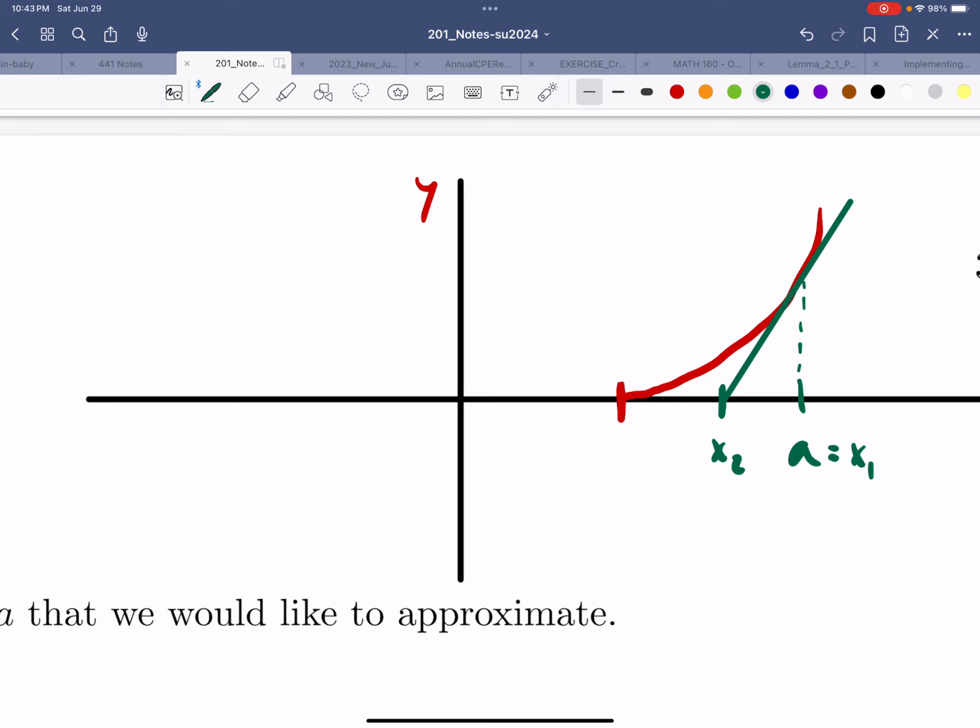And then we can just repeat this process. We go up here, draw our tangent line, maybe make that a little bit better an approximation. There we go, right there. And we can say, where does this one equal 0?